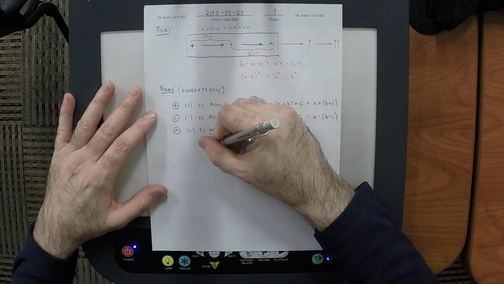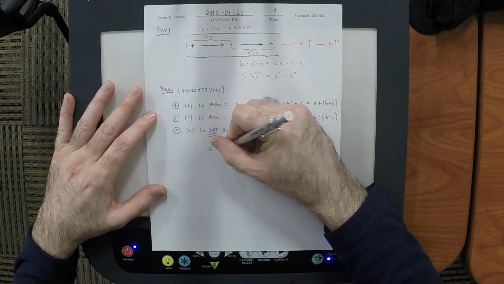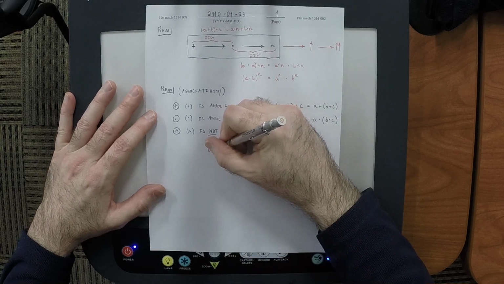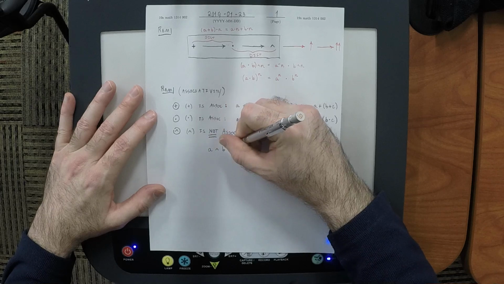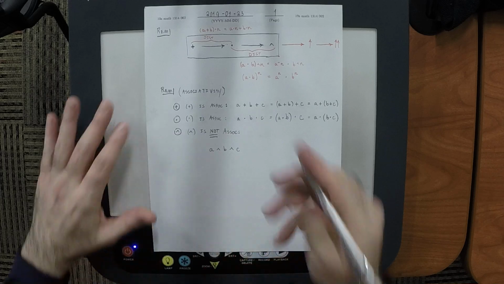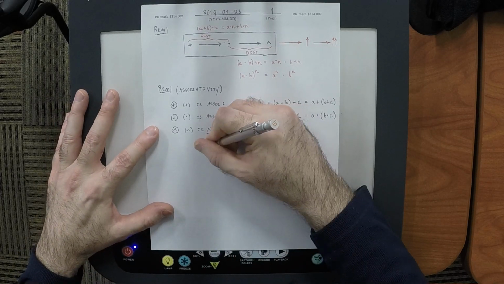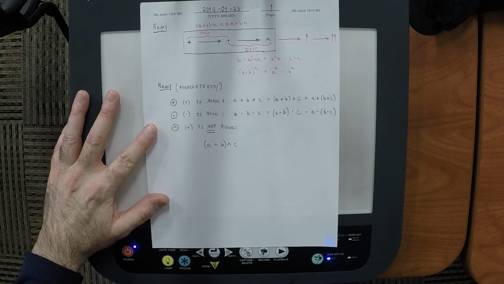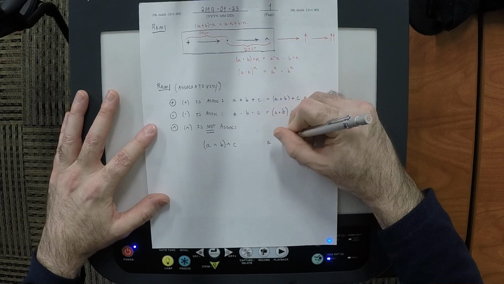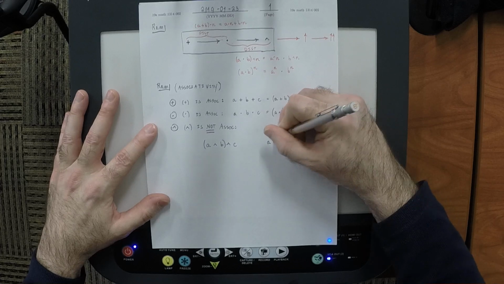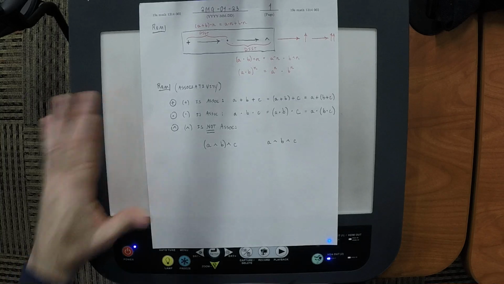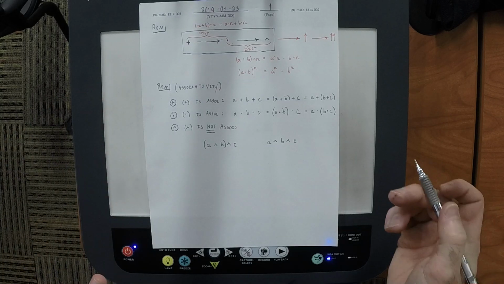If we have A, B, and C, and we put carets in between them, like caret, caret, and then parenthesize the first pair, then we could take those same three things, A, B, and C, and put carets, but instead parenthesize the second pair.